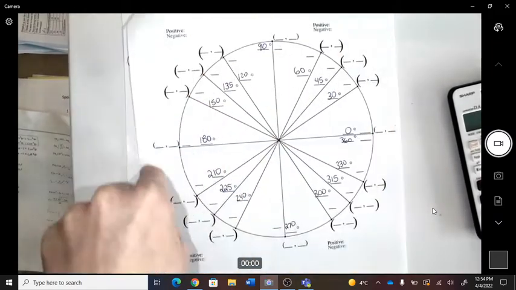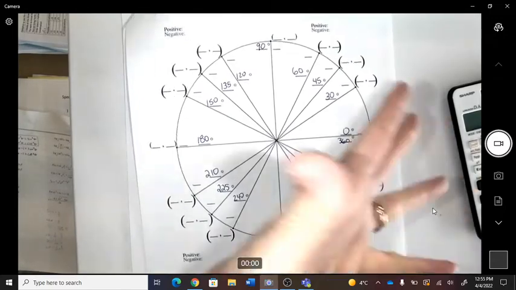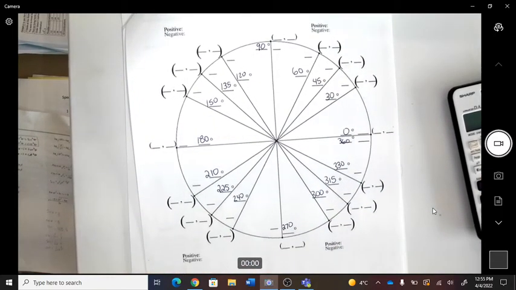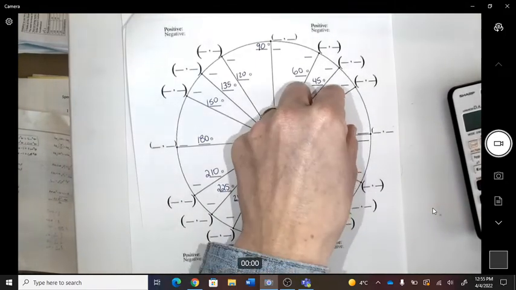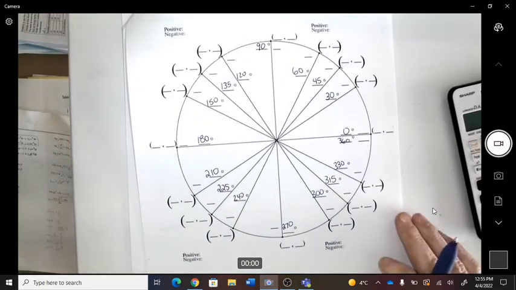You'll probably just add like that, and that's fine, but I wanted to do the whole process because in grade 12, when we get really complicated, I want you to understand that. It's all about reference angles.